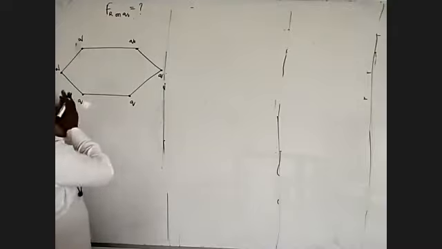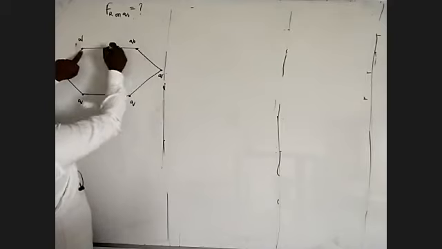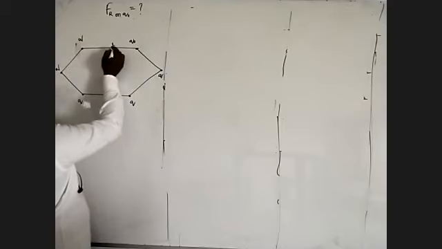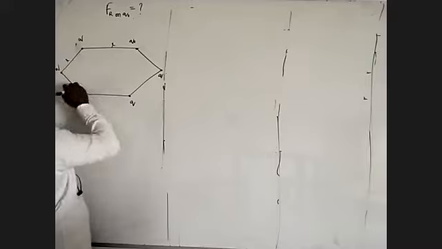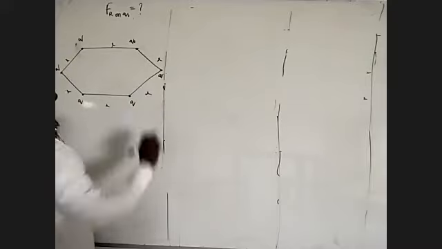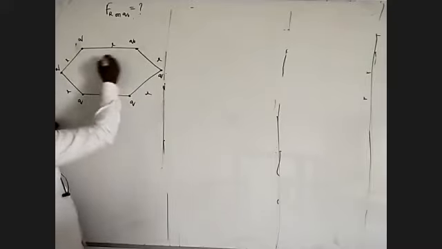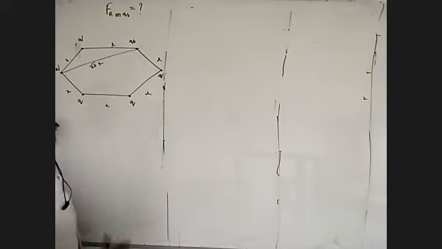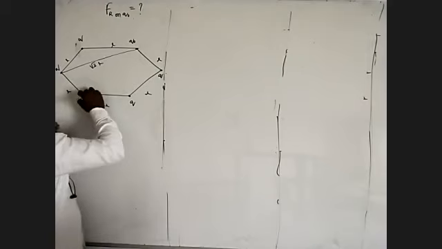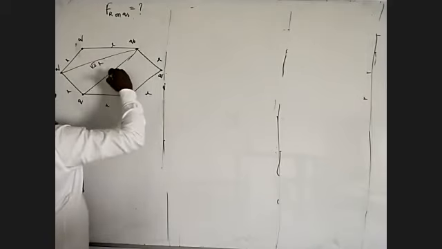Now you see, the distance from here to here is L. Here also L, and here also L. From here to here the distance is root 3 L. From here to here is 2L.